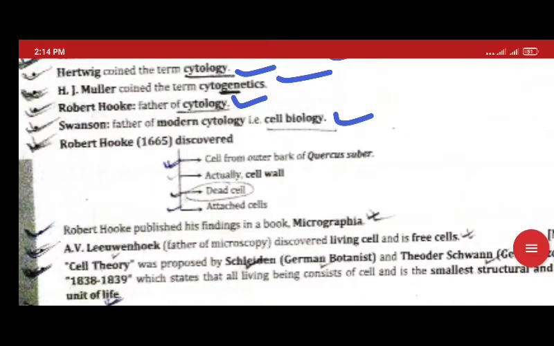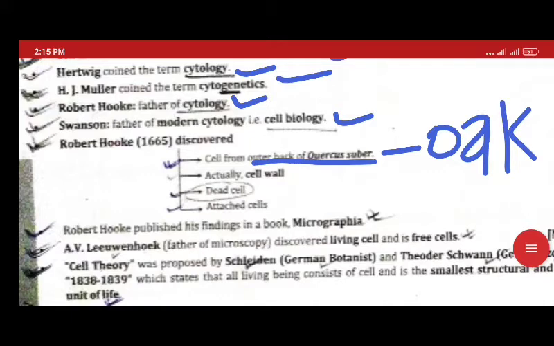Now the first cell was discovered by Robert Hooke on the outer bark of a plant, Quercus suber. This plant is known as what? Oak. So the oak tree bark, or Quercus suber.